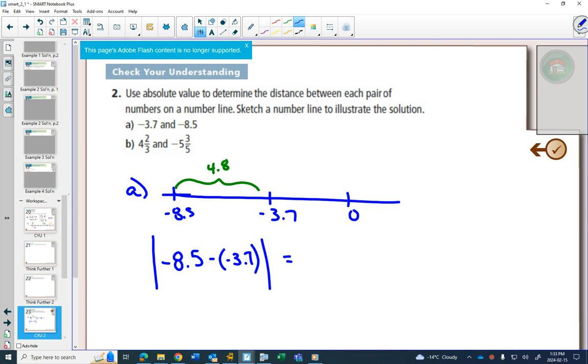It won't matter because, first of all, I simplify inside, I would get negative 4.8. And then the absolute value says, well, make it positive. In the end, you're finding the distance. We get 4.8, whether you do it in the right order or the wrong order. So it's kind of nice that way because you can just put the two numbers in and subtract. It wouldn't matter which one's bigger, which one's smaller.